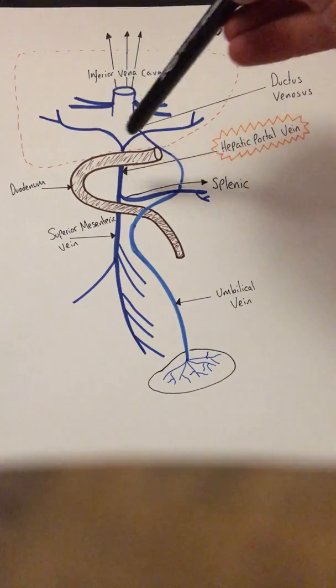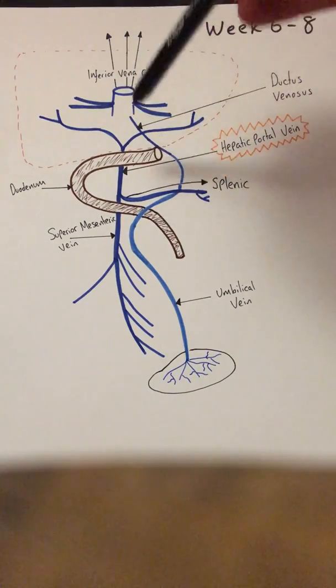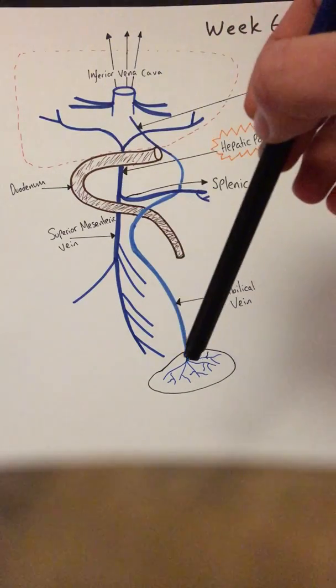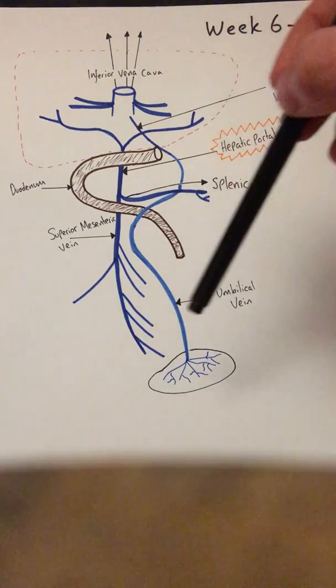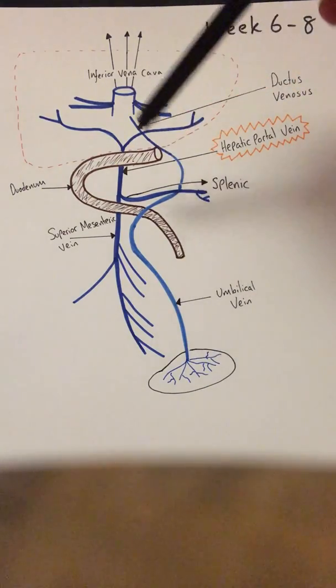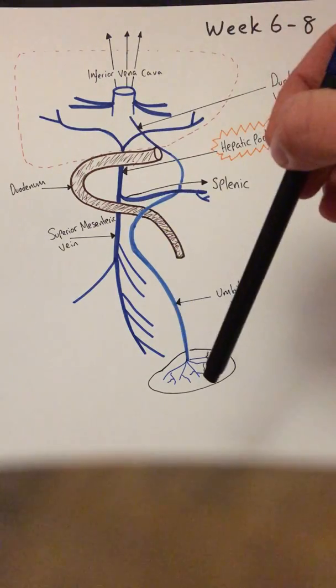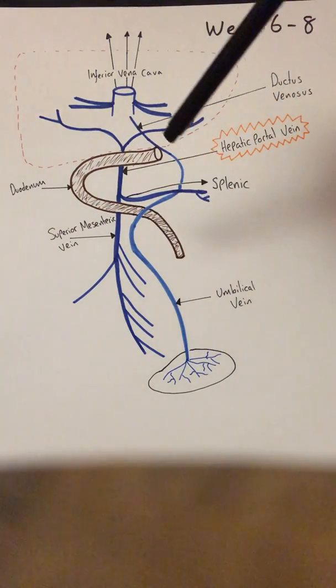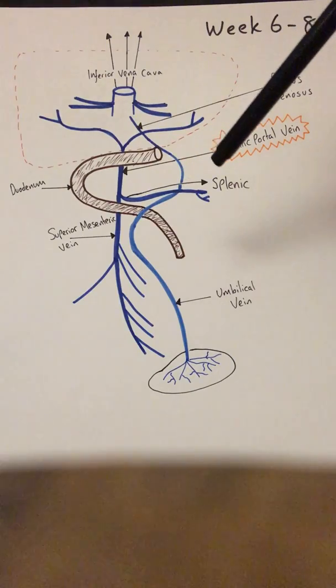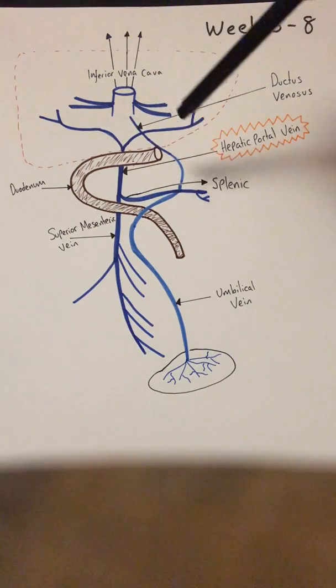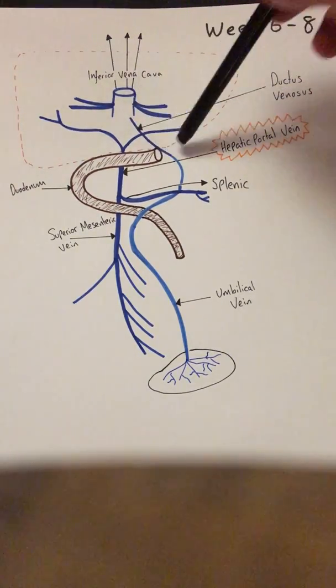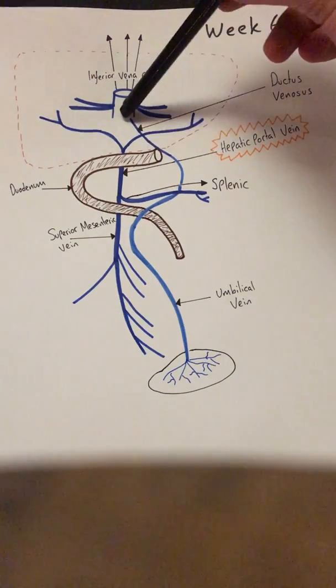So this is the inferior vena cava coming up towards the developing heart tube. Still got the placenta providing blood supply through here. So the umbilical vein is coming up and is coming through to where the ductus venosus is going to be here.